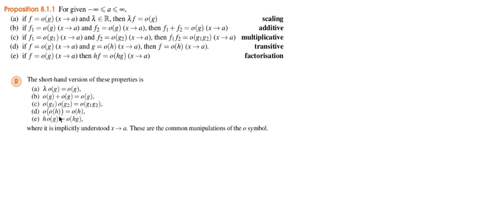Small o of small o of h is small o of h, and h times small o of g is small o of h times g. So these are the common manipulations of the small o symbol that we will use over and over again, right? And so we'll leave them here while we work on our examples.